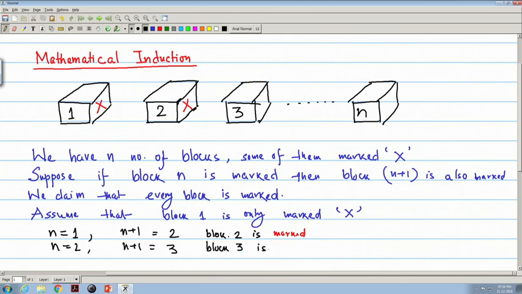In this way, if I add 1 to n, we can show that up to any number n, all blocks are marked. Say for n equal to 5, all blocks are marked.